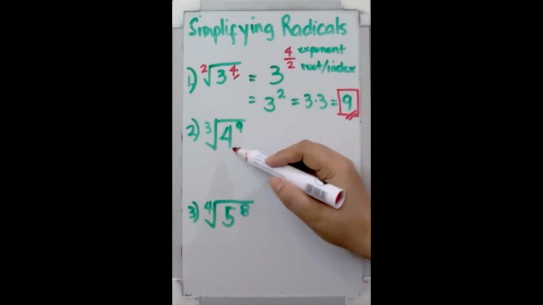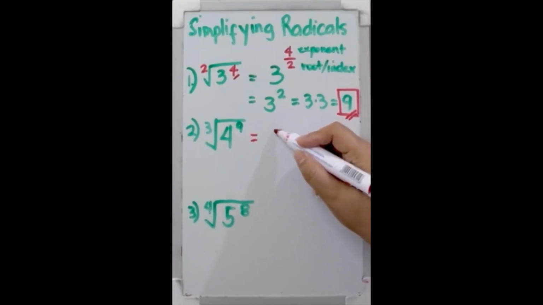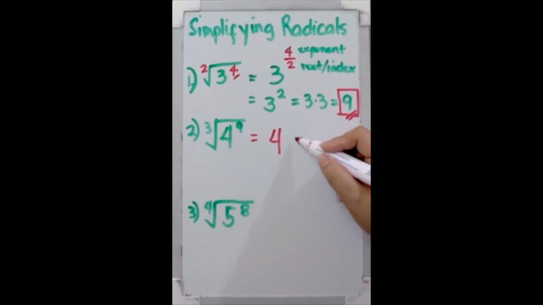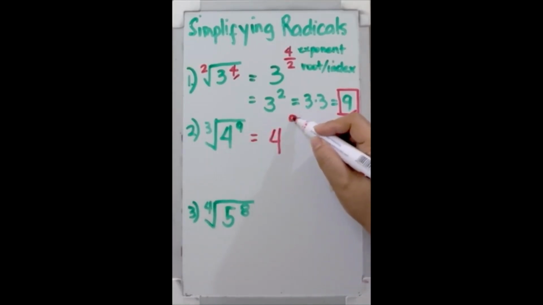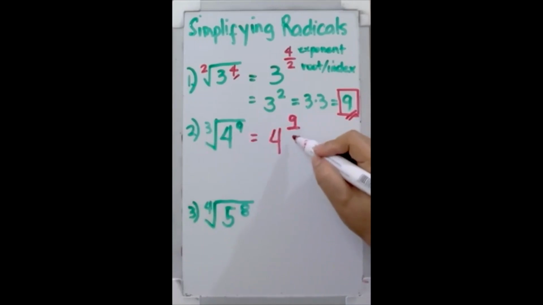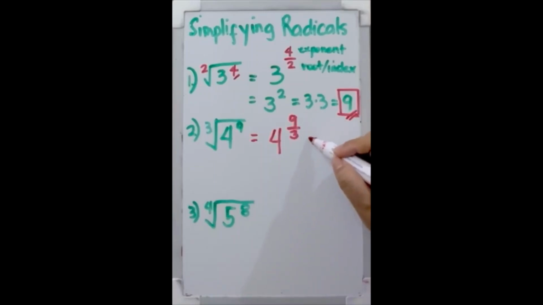Next, we have cube root of 4 raised to 9. This is equal to 4, and then we will write the exponent as the numerator, and the denominator will be the root. So it's 4 raised to 9 over 3. And this would be equal to 4 raised to 3, since 9 divided by 3 is 3.